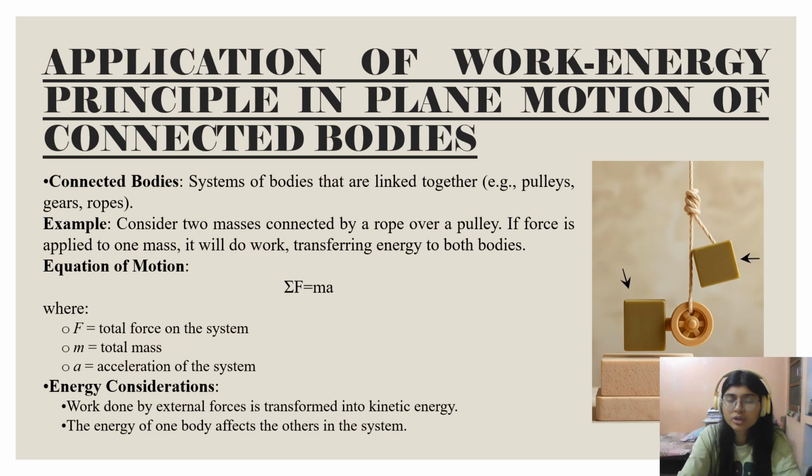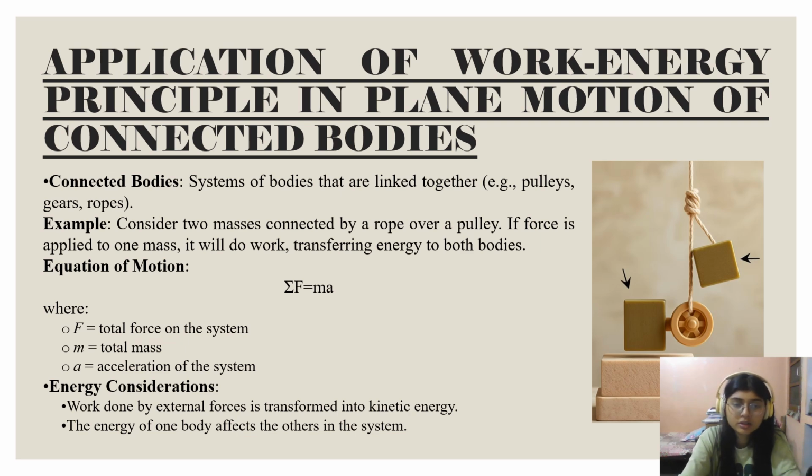They can be linked together with a pulley, a rope, gears, etc. In this example, we are considering two masses connected by a rope over a pulley, and what we can observe is that if force is applied upon one mass, it will do the work, and that energy will be transferred to both the bodies. That basically means that if m1 moves, that will eventually end up moving m2 as well.